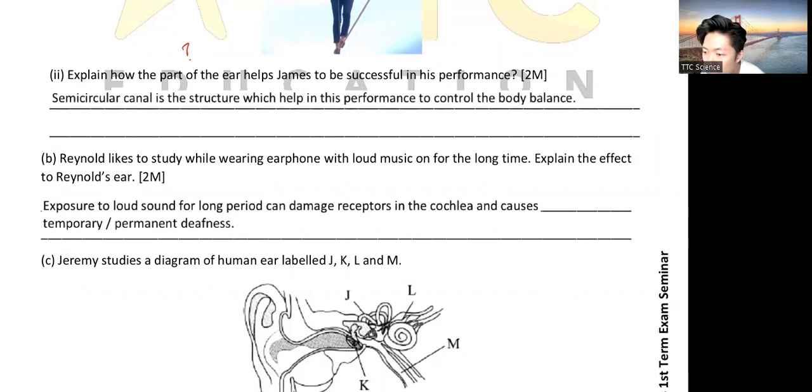Is it okay if I write eardrum becomes less elastic? Actually, not recommended because of loud noise. Okay, or I should explain like that. Eardrum less elastic is usually due to aging. So loud noise doesn't really cause inelasticity.